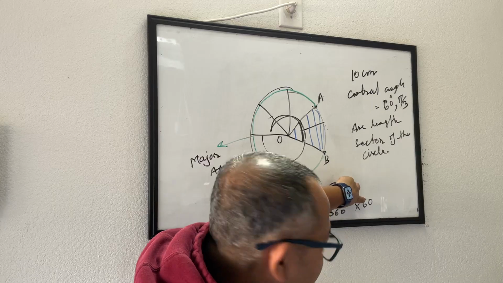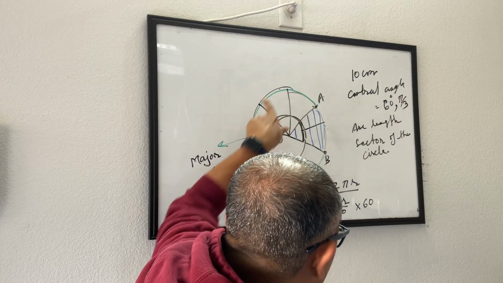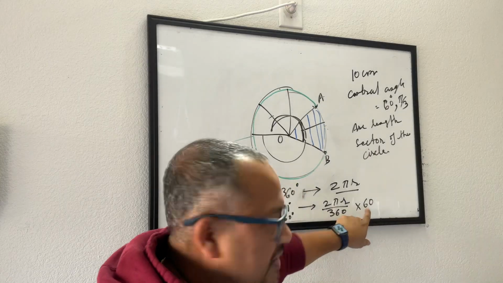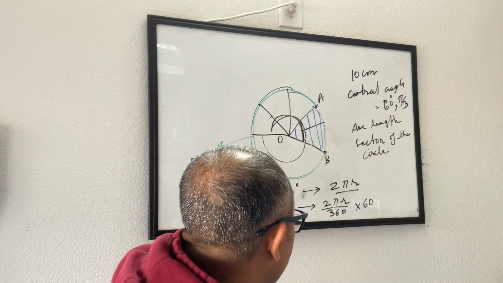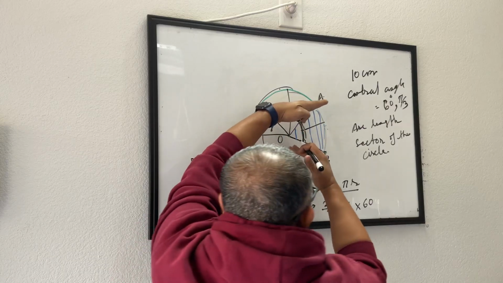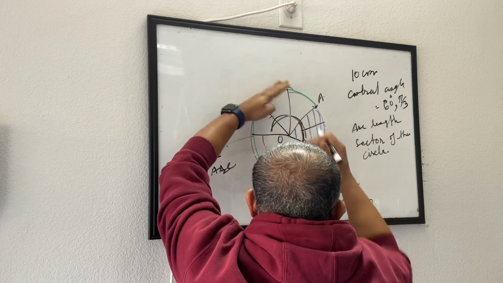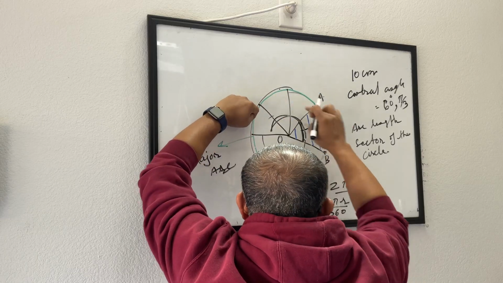What portion of the perimeter? 60 by 360. Had it been 360 degrees, I was talking about the entire perimeter; I am talking about only 60 degrees. So that is how this ratio is derived. And this will not only hold true for the arc, this will hold true for your sector also. If I am looking at the entire area of the circle, this angle is 360 degrees.